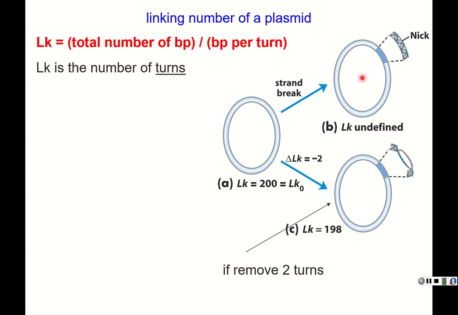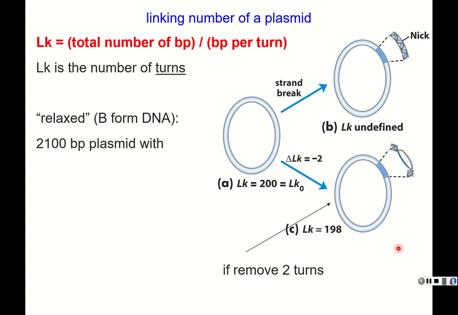In this example, if we have a linking number of 200, and we remove 2 turns from that, our linking number will then be 198. So if we have a relaxed B form of DNA with 2100 base pairs in that plasmid, we have 10.5 base pairs per turn.